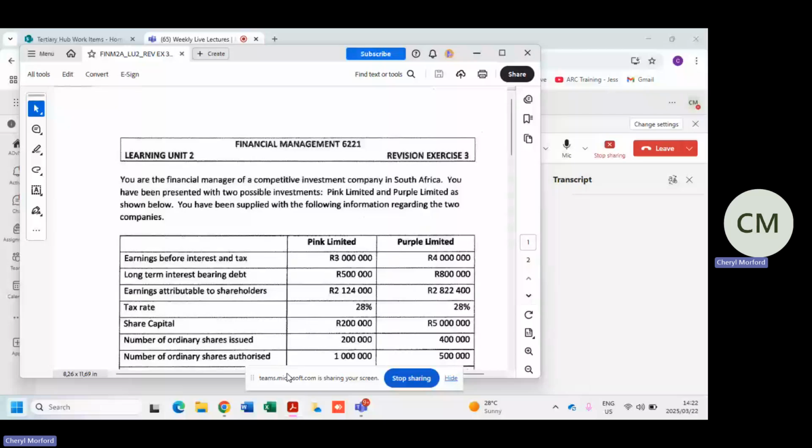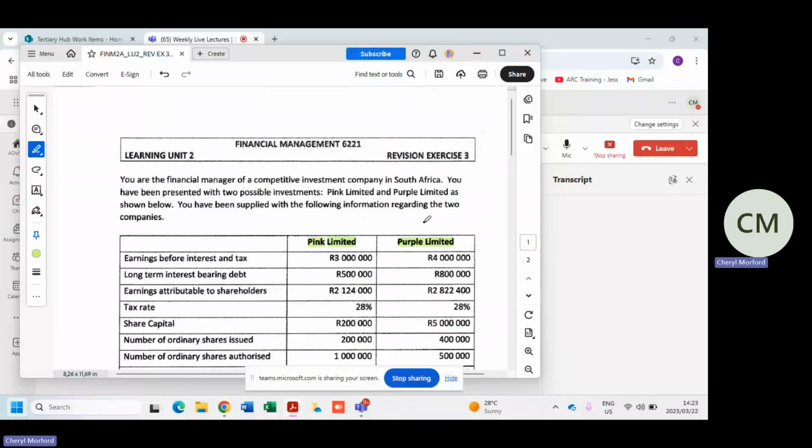So what is different in this one is, you see over here, I'm giving you information for how many businesses? 2. So there's Pink Limited as well as Purple Limited. Because as I mentioned earlier on today, you may be asked to make a recommendation to a client as to which of the companies would be the better one to invest in.